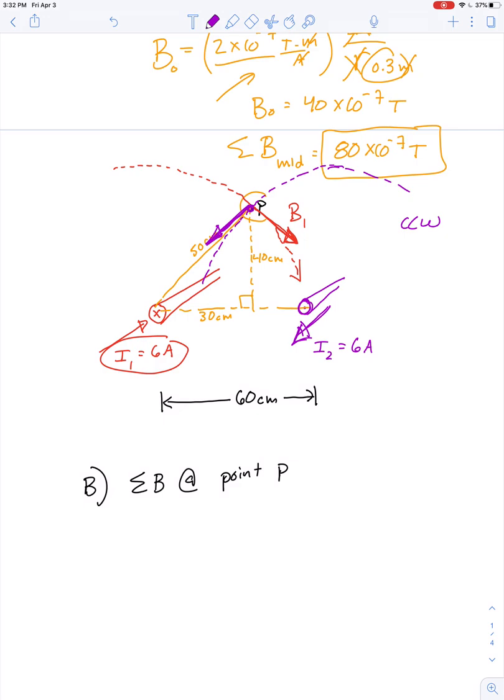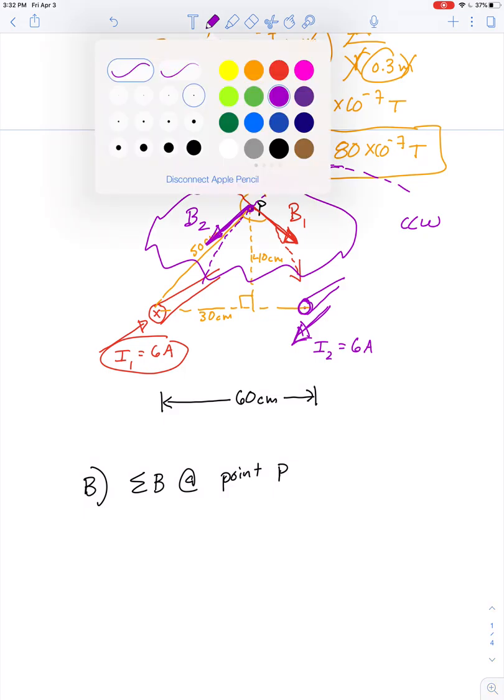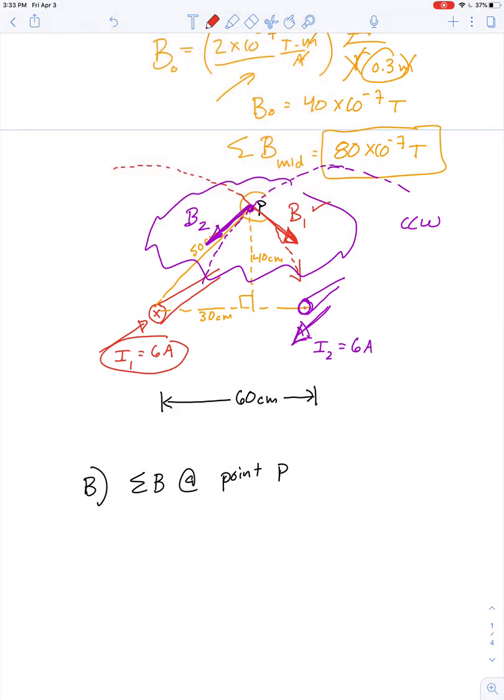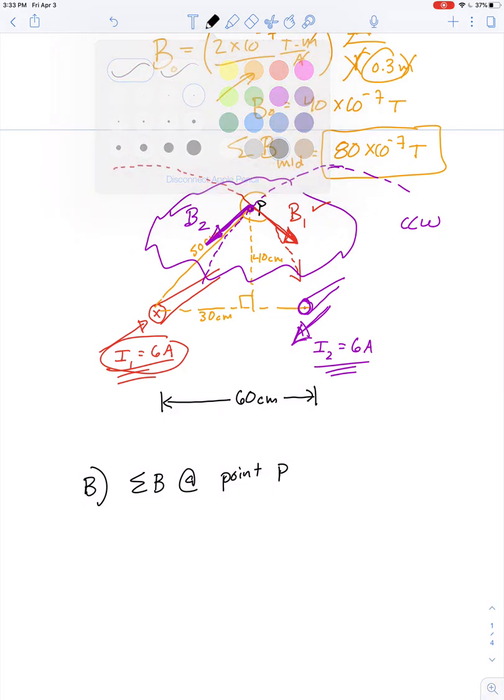And so we have a bit of a vector diagram here. We have magnetic field number 1 due to the 6 amp current that's flowing into the page, and we've got magnetic field number 2 due to the 6 amp current that's flowing out of the page, and we need to find the resultant of those two magnetic fields based on the superposition principle.